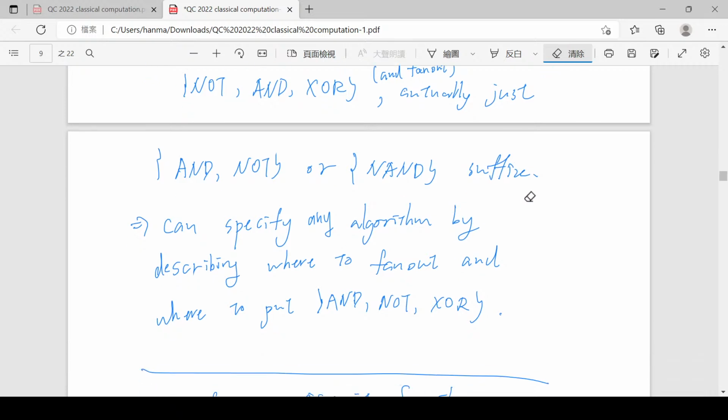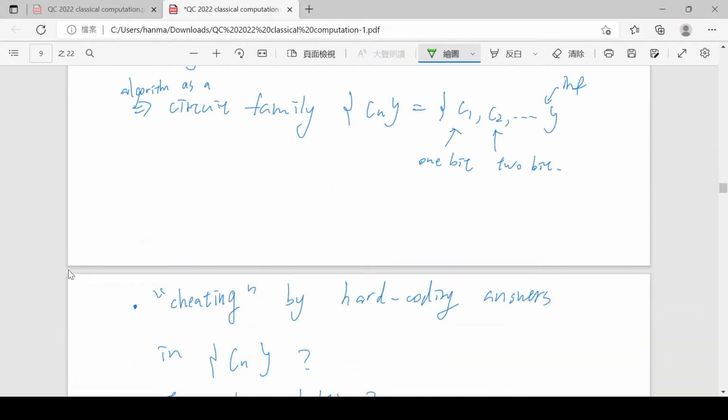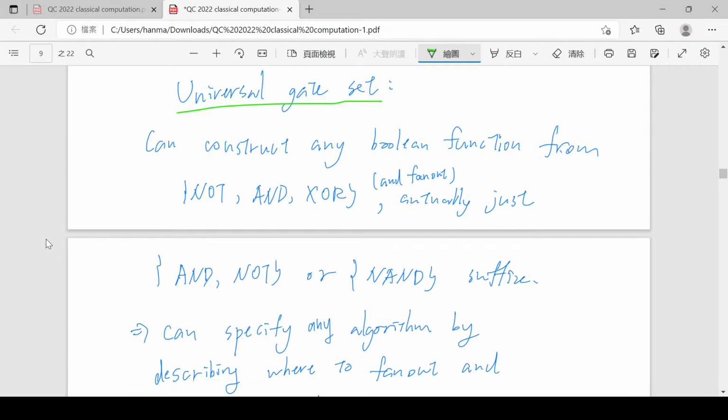So that's that. And just as we said, that means we can specify any algorithm by describing how you put wires and those AND gates, NOT gates, and XOR gates in some places of your circuit. Then that describes your algorithm.